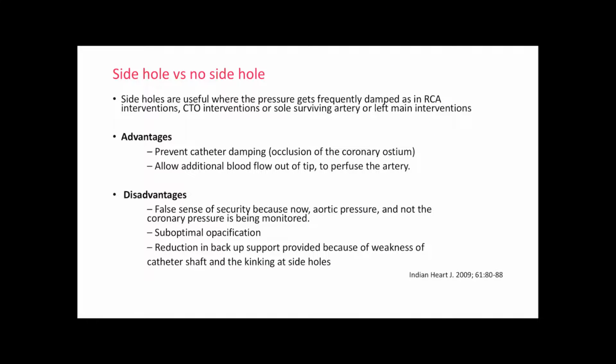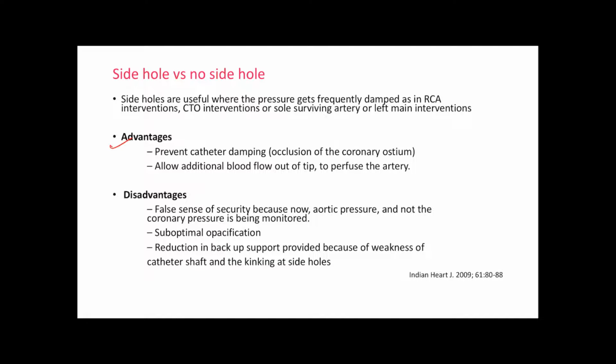It's useful for RCA interventions, and in situations where you have a 100% occluded vessel and your guide is abutting the 100% occluded vessel, so you don't have any pressure assessment. Then these side holes help to give you the pressure during the procedure, for example, sole surviving artery or left main interventions.